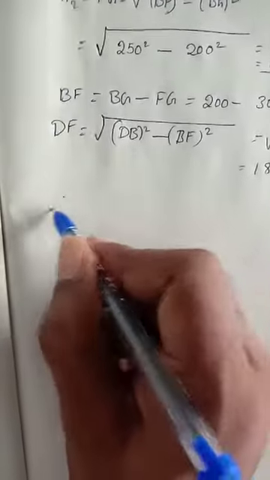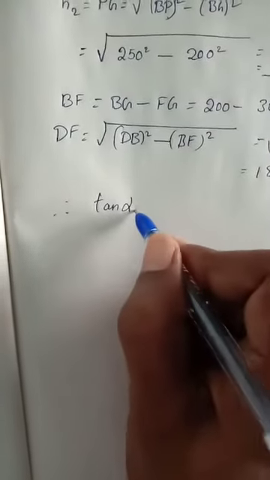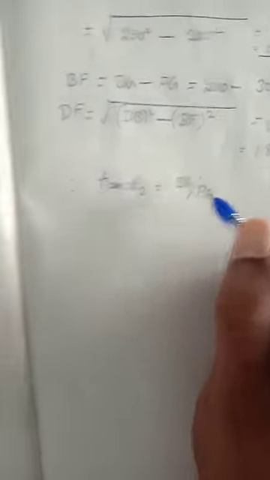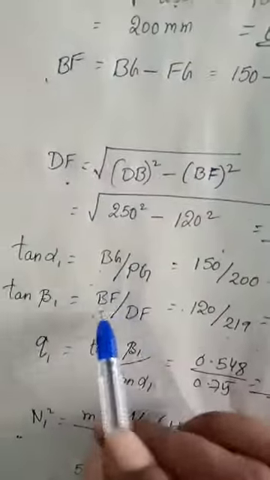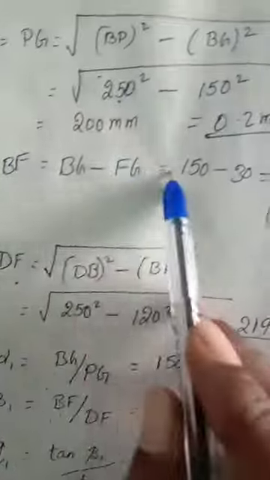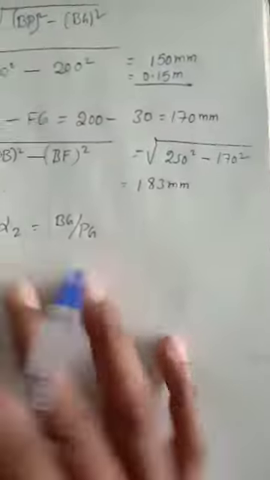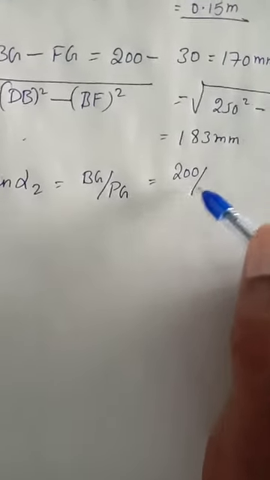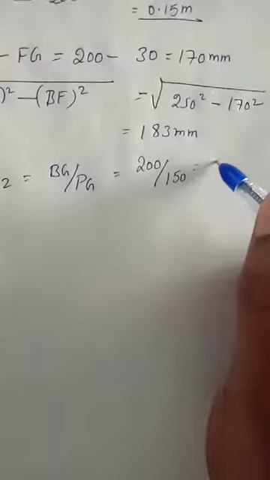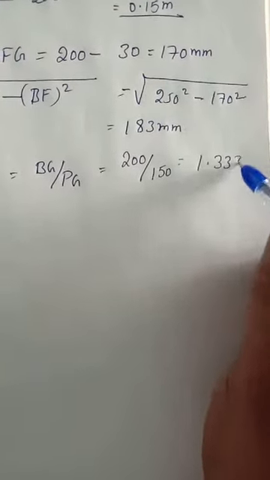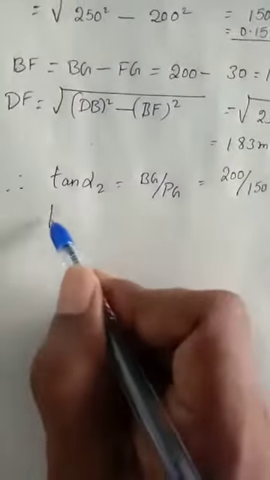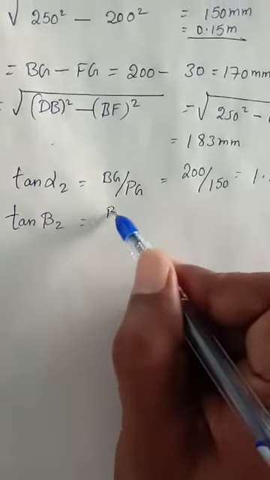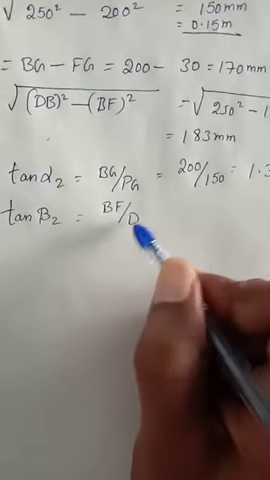So therefore tan alpha 2 is equal to BG by PG. Similar, don't get confused, all our equations are the same. I take it directly. Now substitute this 200 divided by 150. And now we go for tan beta 2 is equal to BF divided by DF.